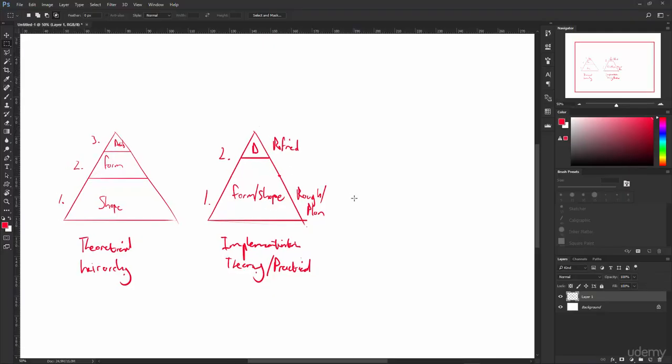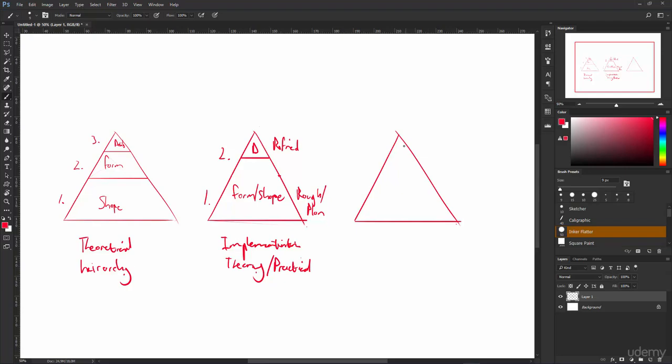All right, and then the last triangle, which is nice and fairly straightforward to understand, is how the viewer sees. So let's just say the viewer's perspective. And this is important to know, just so that you have a good, well-rounded understanding of the theoretical structure of art theory, art practical, and also how the viewer sees things.